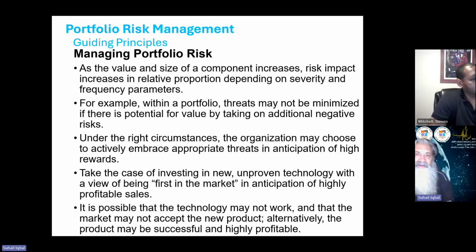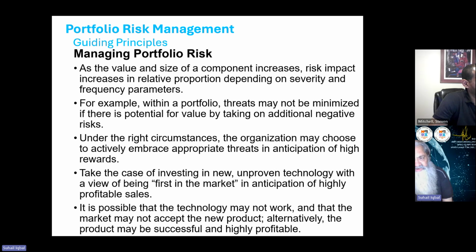At program level, it may have caused a damage of $10,000, and at portfolio, it goes to millions. You see, things become bigger, much bigger. So you have to cater for that. As the value and size of a component increases, risk impact increases in a relative proportion depending on severity and frequency parameters.